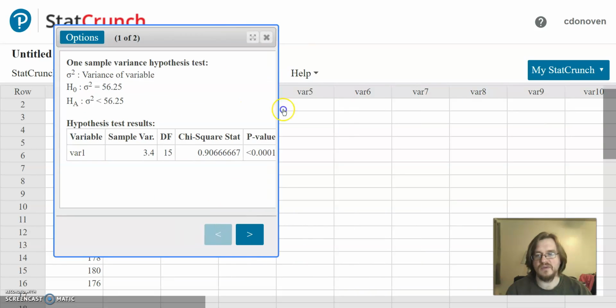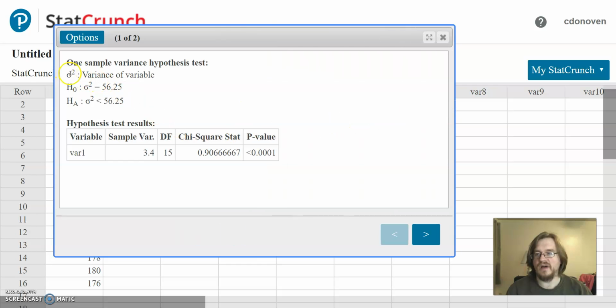And here we have it. So for our one sample, this is going to be a variance hypothesis test, but we're going to use it to test standard deviation. They list the null hypothesis and the alternative hypothesis. The sample variance that they have here is going to be 3.4.